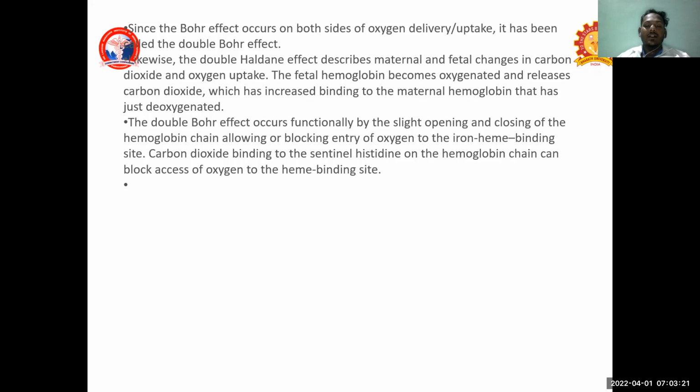The double Bohr effect occurs functionally by the slight opening and closing of the hemoglobin chain, allowing a blocking entry of oxygen to the iron heme binding site. Carbon dioxide binding to the sentinel histidine on the hemoglobin chain can block access of oxygen to the heme binding site.